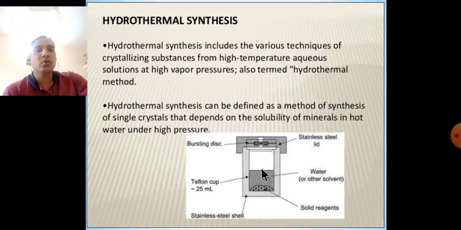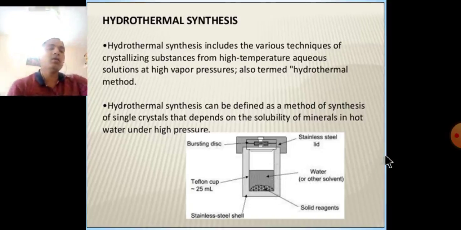This solution is poured in the Teflon and packed to fit in the disc with a screw. Water used as a solvent identifies the hydrothermal method.